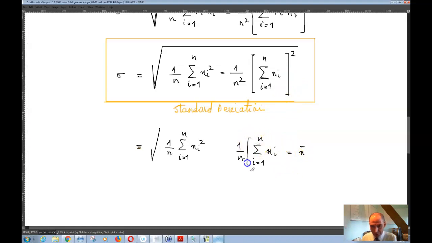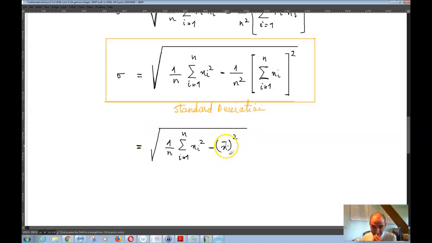So now if I square these two, then this will be x bar whole squared. So I can write this as minus x bar squared, right?